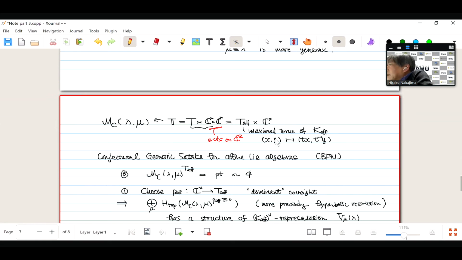And then this Coulomb branch is conjecturally related to the representation theory of the Langlands dual affine algebra. So this conjecture, geometric Satake, was formulated in my joint work with Braverman, I think. So first, the geometric property is this fixed point.